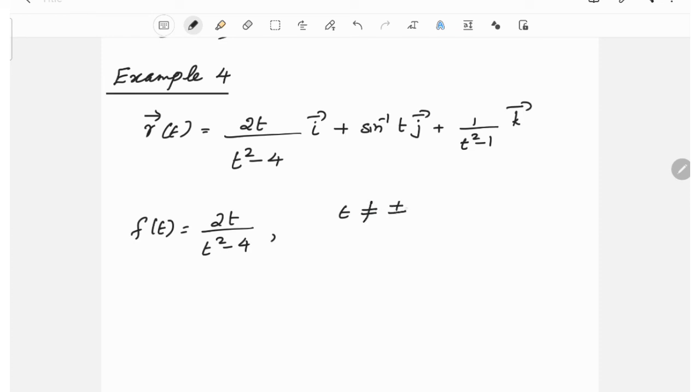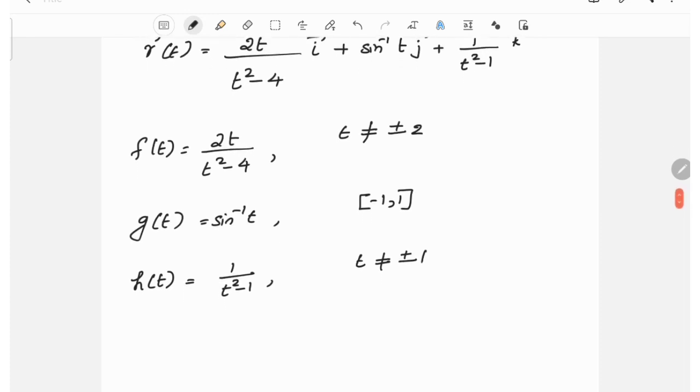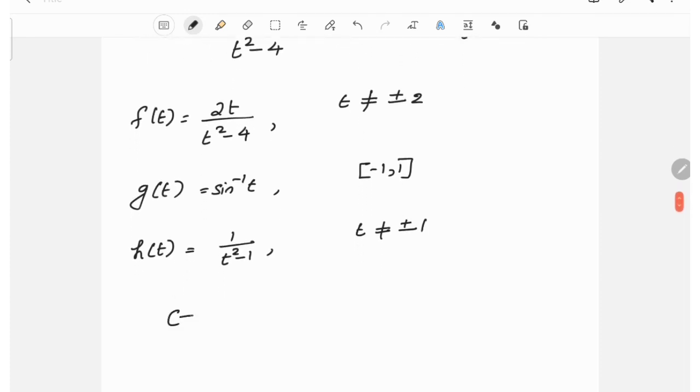So here t is not equal to plus or minus 2. Now g of t is sin inverse t, and sin inverse t is defined on the closed interval minus 1 to 1, and in that interval the function is continuous also. And h of t is 1 by t square minus 1. This function is also continuous at all the points except plus or minus 1. So the parameter interval on which the given vector valued function is continuous is the open interval minus 1 to 1.